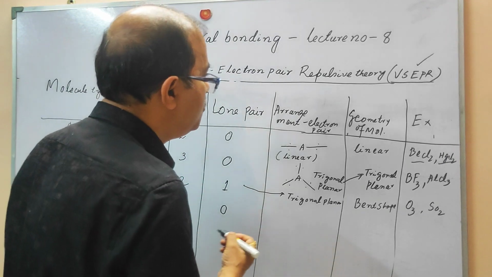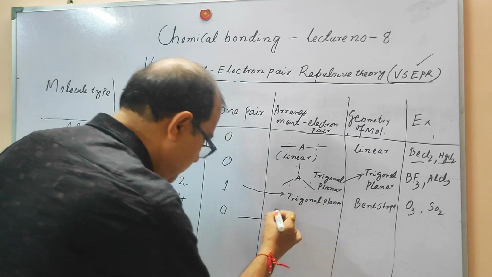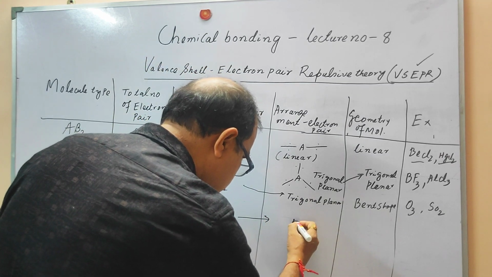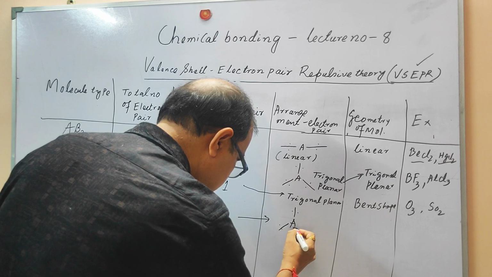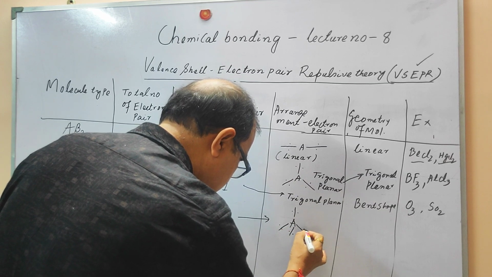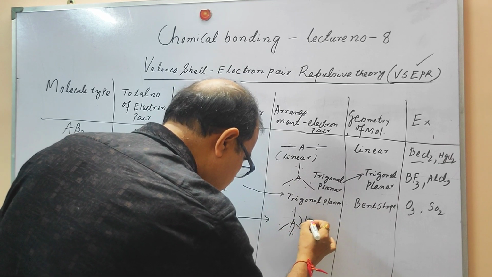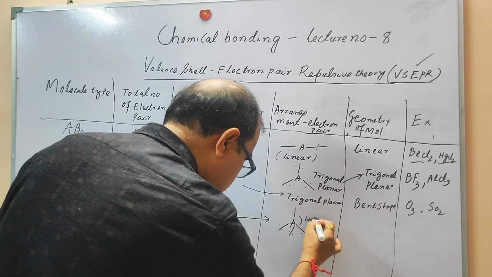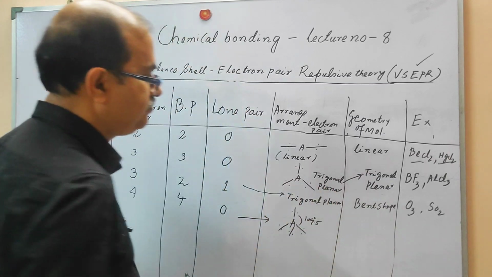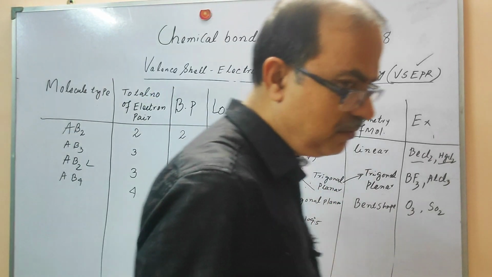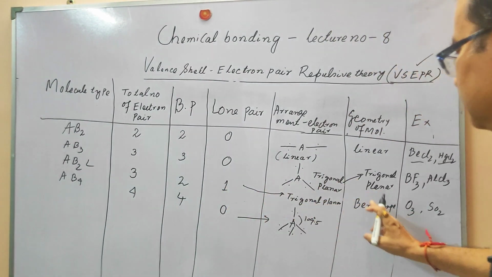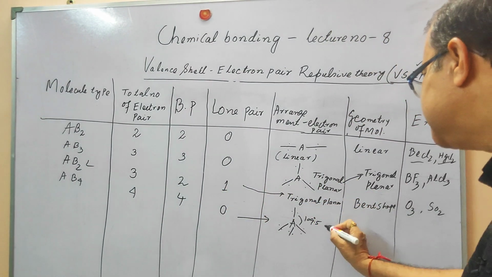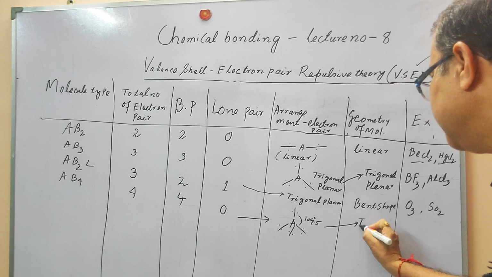At that time, what will be the arrangement of the electron pairs? The electron pairs will be arranged in a tetrahedral structure, and here the bond angle will be 109 degrees 28 minutes. Now what is the geometry of the molecule? Because there is no lone pair, its geometry will be the same, tetrahedral.